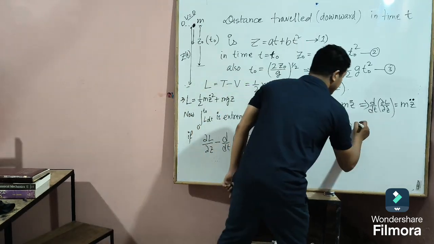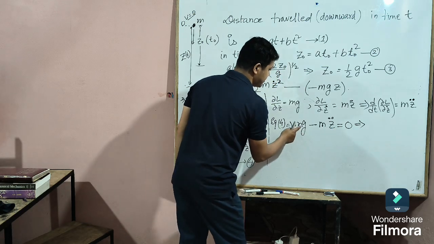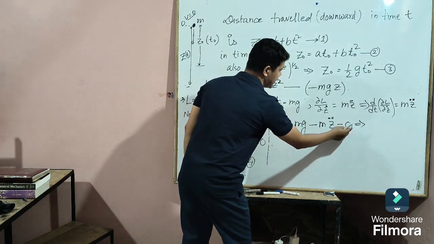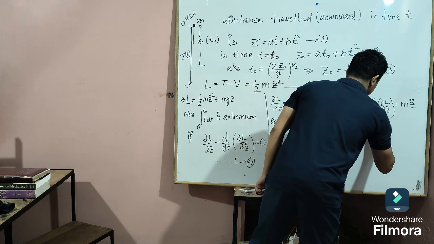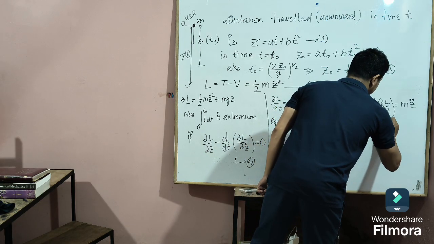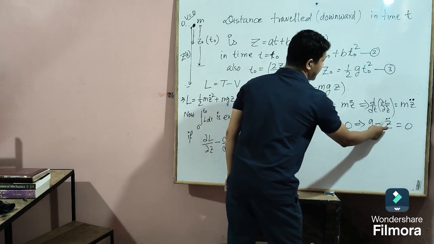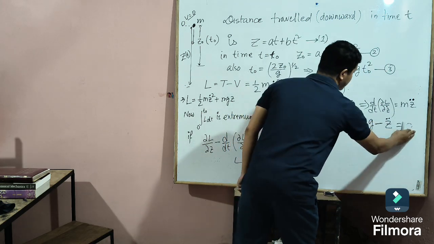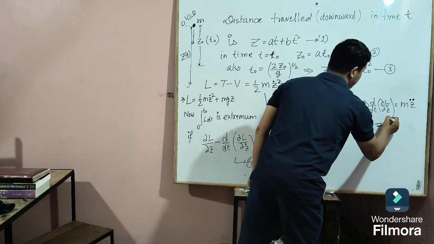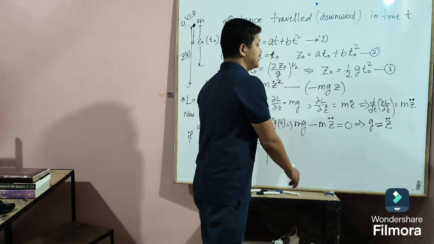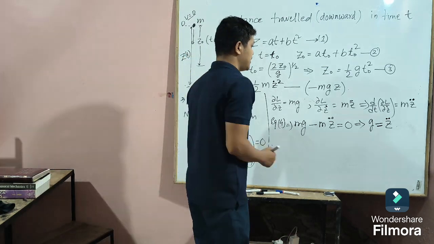And this implies if you divide each and every term by m, here g, here z double dot, and 0 by m is again 0. So we're going to get g minus z double dot is equal to 0. If you shift this to the other side, then g is going to be equal to z double dot, right?